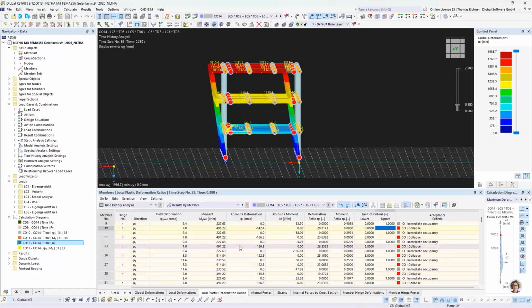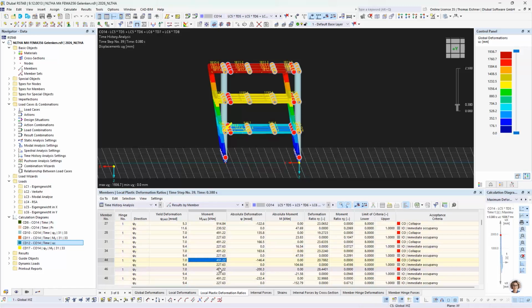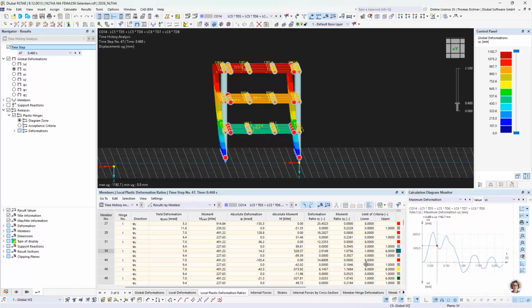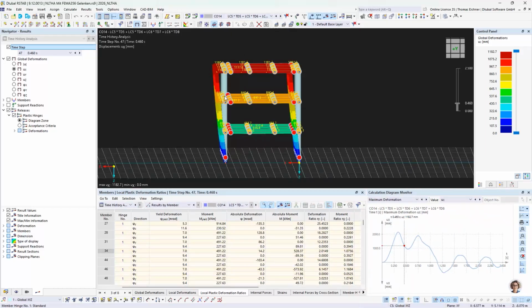So here's all that information for each time step. Also the tables change as soon as you change the time step. Okay, and that's it for this type of performance-based design.